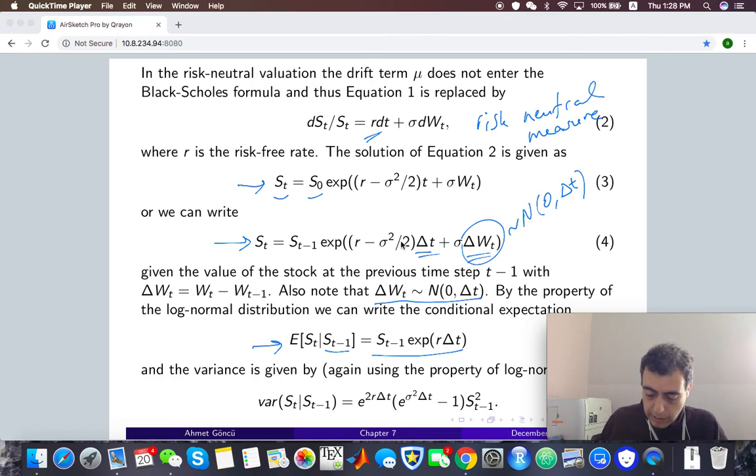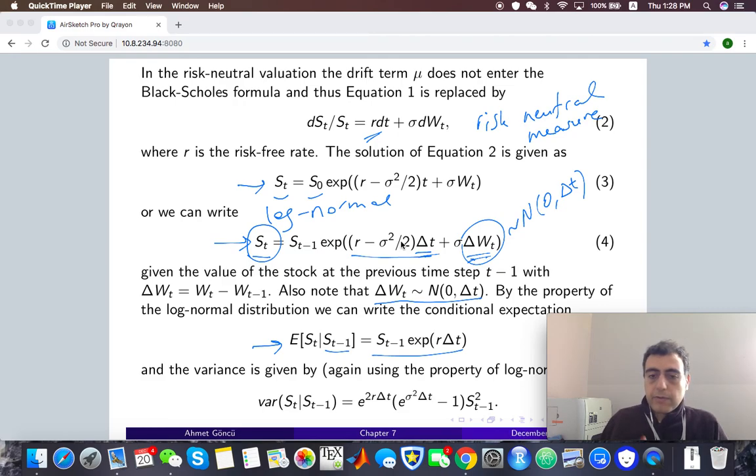This is coming from the fact that S_T is a log normal random variable, because you can see that we have a normal random variable in the exponential. Therefore, if you exponentiate a normal random variable with some extra drift term, which doesn't change the result, you will get S_T as a log normal.